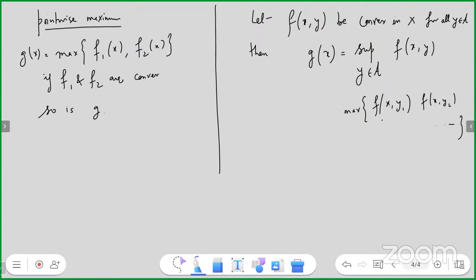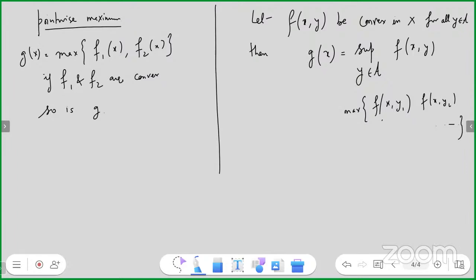Given that f of x comma y is convex in x for a fixed y, what does it tell you about the epigraph? For a fixed y, the epigraph of f is convex. So what is the epigraph of g? The intersection of all these. If each of them is convex, the intersection is also convex. So this function is also convex.